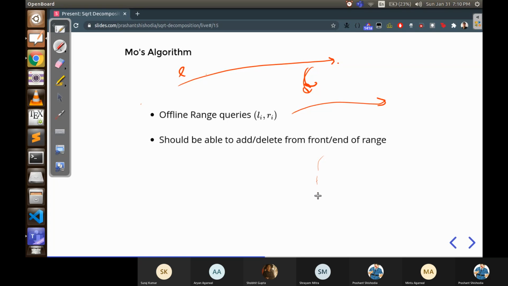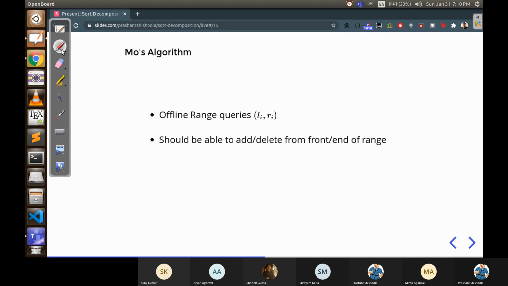Online queries is you are given a query, and only when you answer it, I'll give you the other query. Mo's solves offline queries.